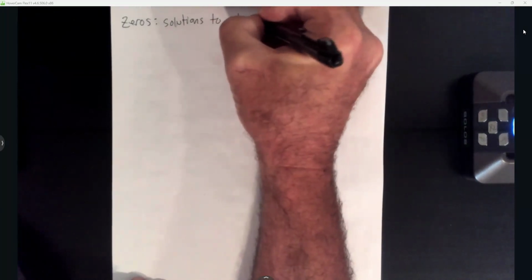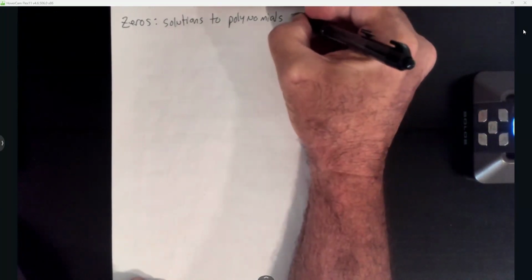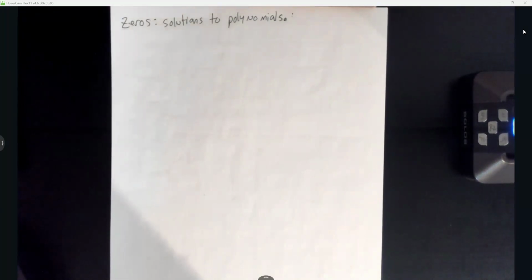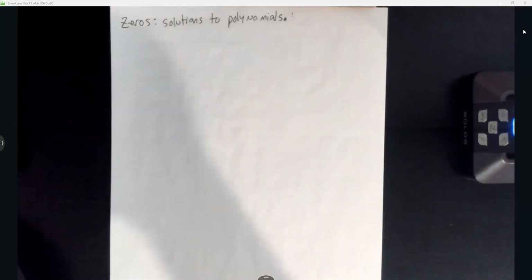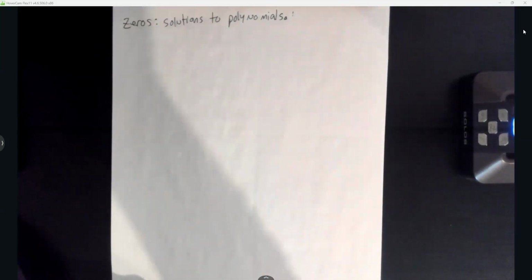Zeros are solutions to polynomials, okay? Remember the other day we said zeros were the solutions to the equations and they were equal to the x value of the x-intercepts, okay? So now let's get into more about the zeros. They are the solutions to the polynomials.